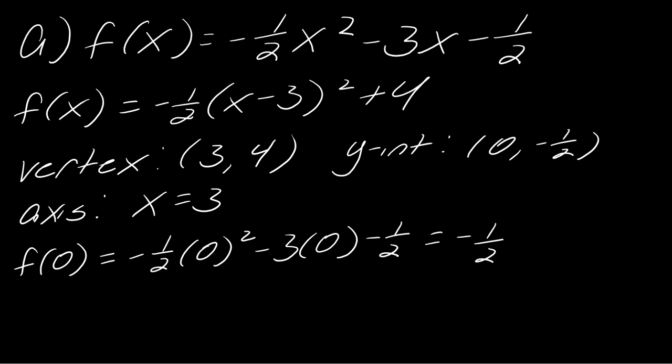Now, finding the x-intercepts. Since I have two forms of the equation, to find an x-intercept, you need to set the equation equal to 0 and solve. In this particular example, I think this equation might be easier to work with, because with the other one you're going to have to use the quadratic formula.